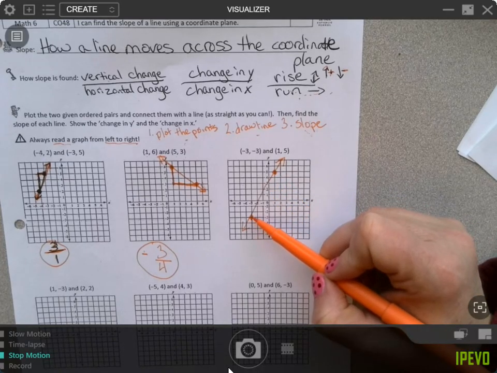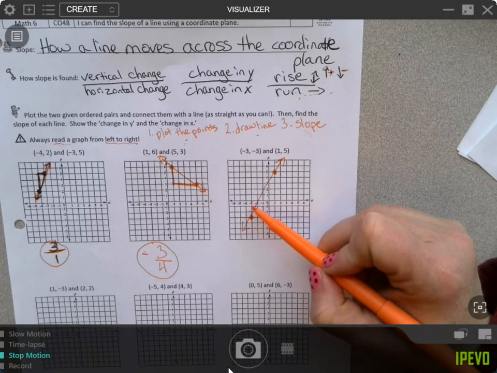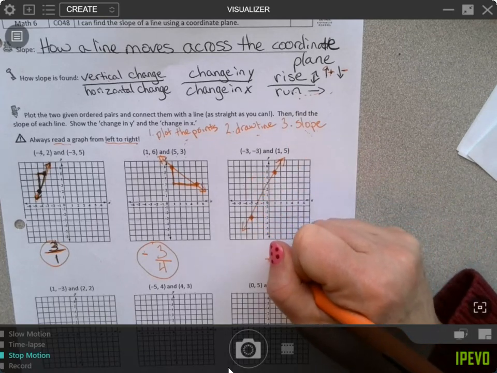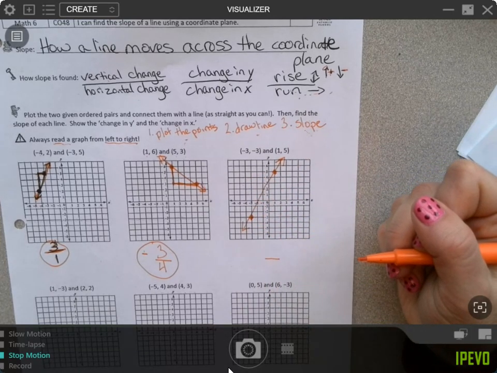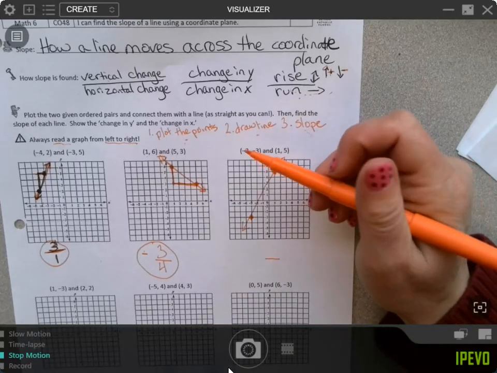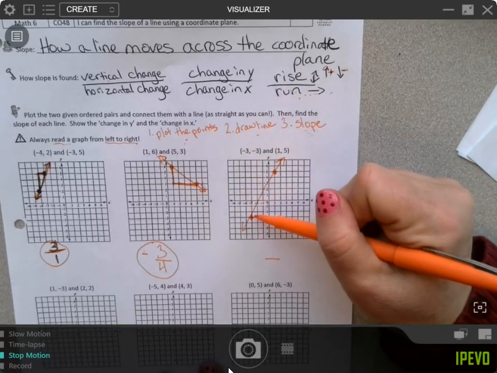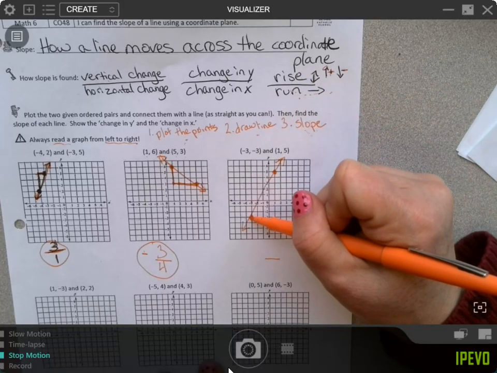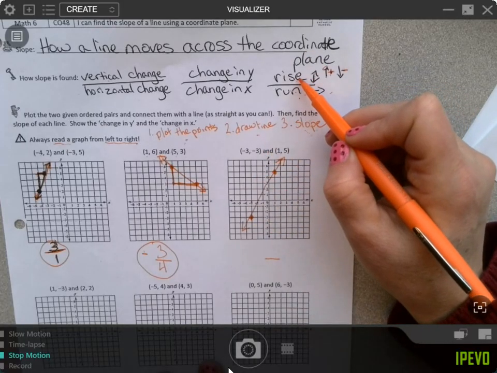I'm looking at my line and I'm seeing going from left to right, I'm going up, so I know my slope is going to be positive because it's going up. Now I'm going to count how many up. So I start with that rise. You always start on the left, and you always start with the rise.